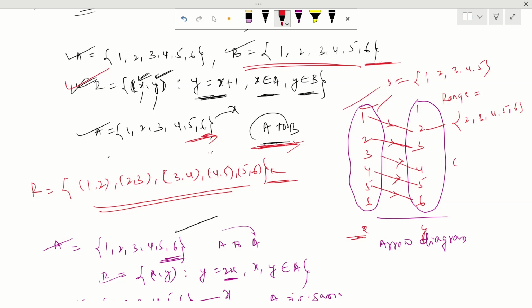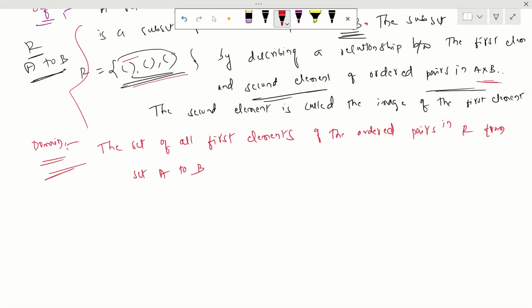One more term is codomain. Codomain means the set of all elements in the second set, so the codomain values are 1, 2, 3, 4, 5, 6. All values of the second set are called the codomain.